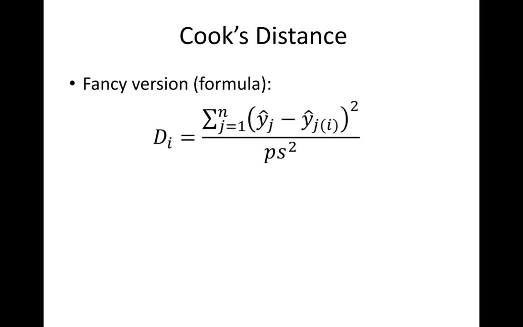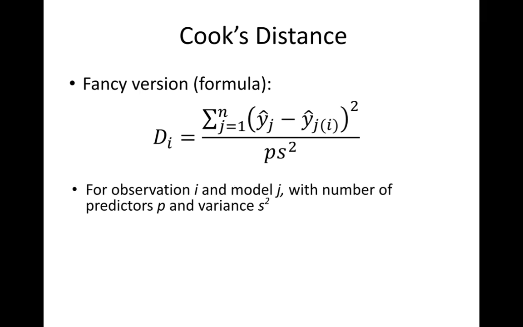And the fancy version, of course, is a formula. Cook's distance is usually represented by this capital D, and it's basically the sum of these model comparisons: Yj minus Yj sub I. So these compare the model with a data point included and the model without that data point.